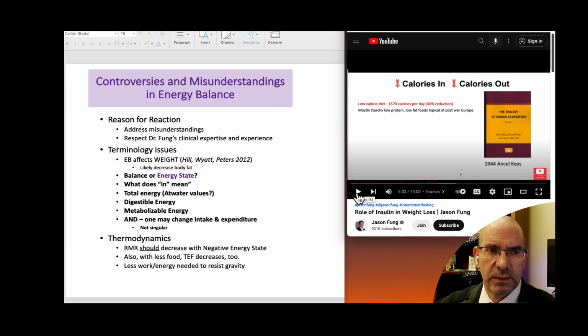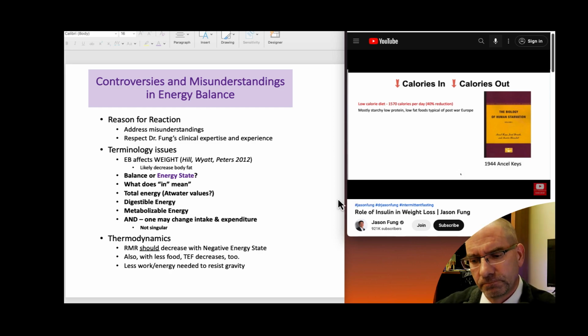So low protein, I think, is an oversimplification of what happens. It may be less than what they were eating before. If it's a 40% reduction, so that's 2,800-ish calories, and if you decrease calories, you're going to decrease protein probably. It's hard to not decrease protein when you're decreasing total food intake.